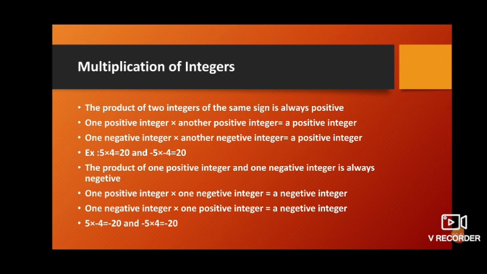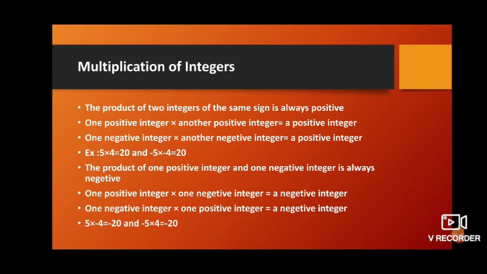If two integers are multiplied and both have the same sign, then the result will be positive. For example, if both integers are positive, then the result will be positive. If the two numbers are negative and negative, then also the result will be positive, because the two signs are the same. This is the case whenever we are multiplying two integers.